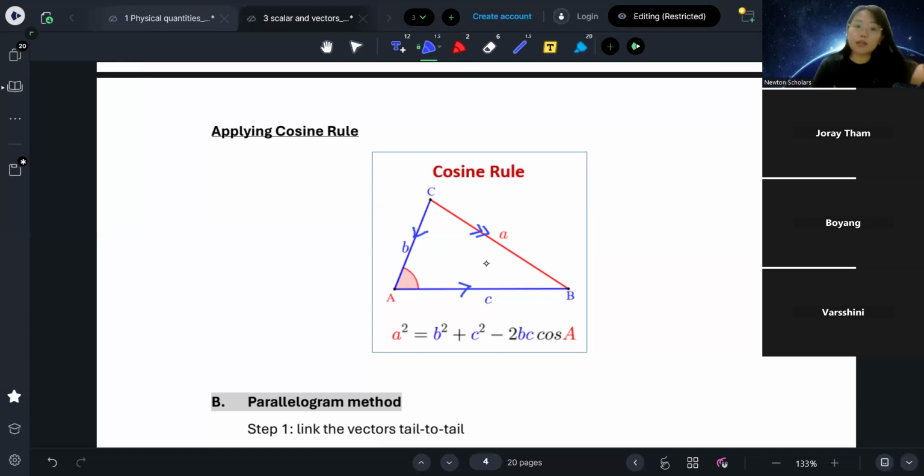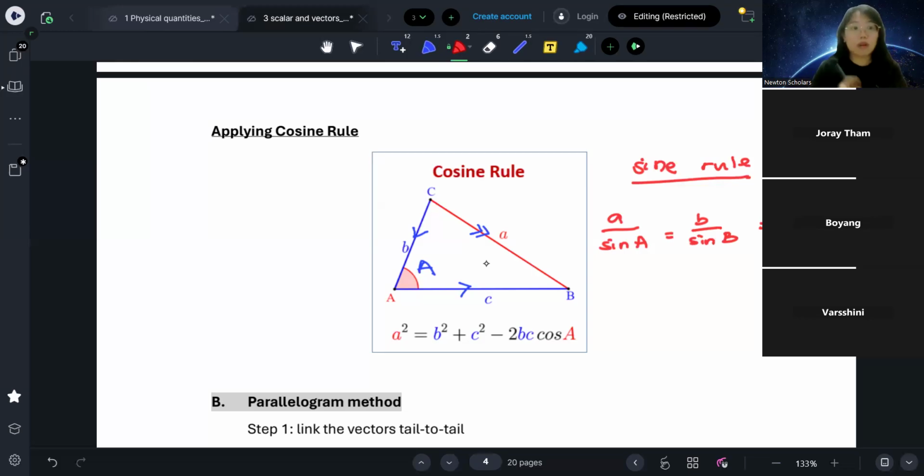Using the cosine rule, A squared equals B squared plus C squared minus 2BC cos A, where this is angle A. Or we can use the sine rule: A over sine A equals B over sine B equals C over sine C. It depends on which one is more familiar for you. This is your maths way to solve it.